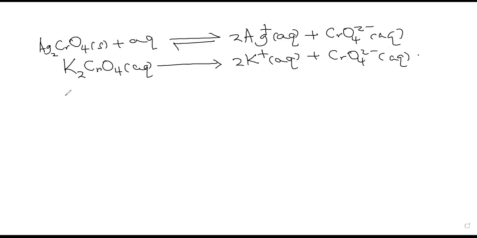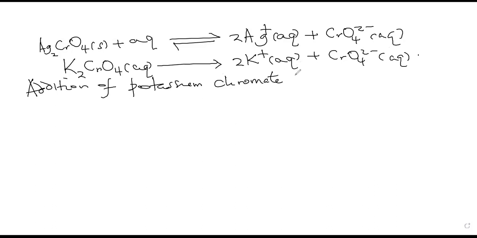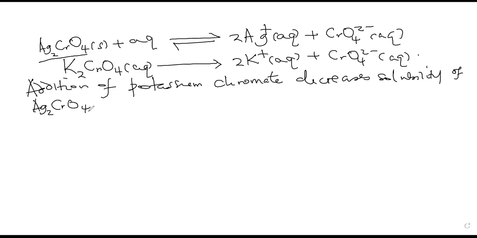So basically, still we shall say that addition of potassium chromate decreases solubility of silver chromate. I'm going to use symbols or formulas, but you can always use words of silver chromate. Why?